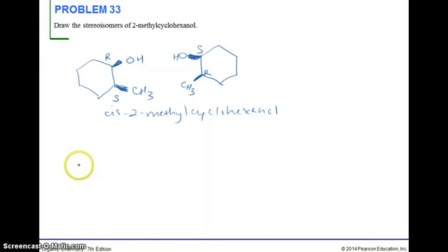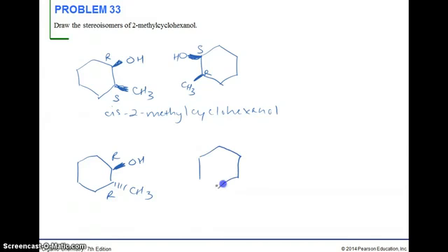And then there's the trans version, where they're both R. And then they're both S. So these are trans 2-methyl-cyclohexanol.